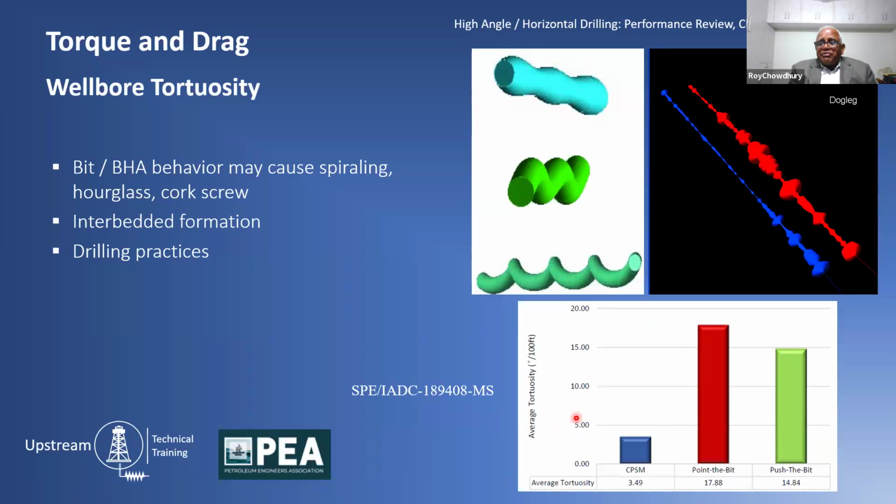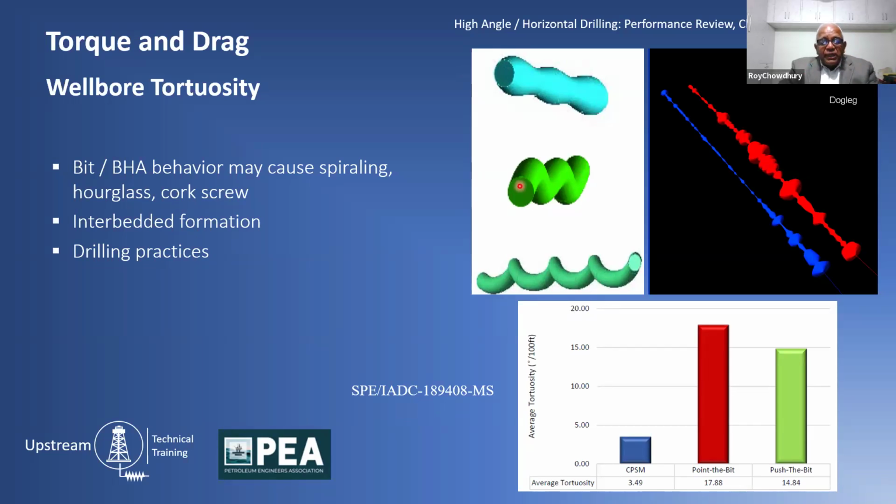Now, this is a very important slide. If you have an aggressive bit or some drilling system, it may cause hourglassing. It is exactly shaped like an hourglass. Or it may cause corkscrew or wellbore rippling.